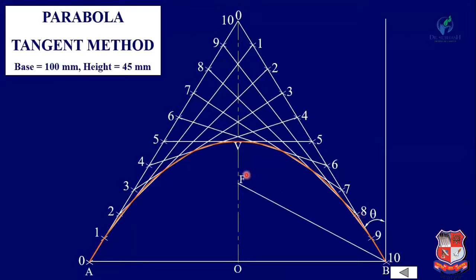So to find the focus, draw a vertical line and find this angle equal to theta. And similarly, draw a line which is inclined at angle theta with this line. So the intersection point of this line with this axis is the focus of the parabola.